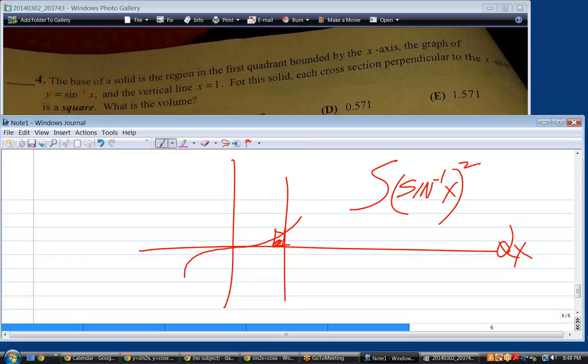So the area of each square is that squared, and we're going from the first quadrant only, so from 0 to 1. Yeah, but where is the inverse sine equal to 1?